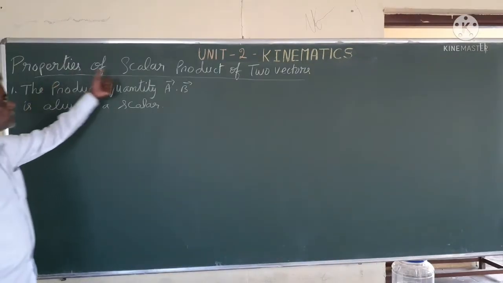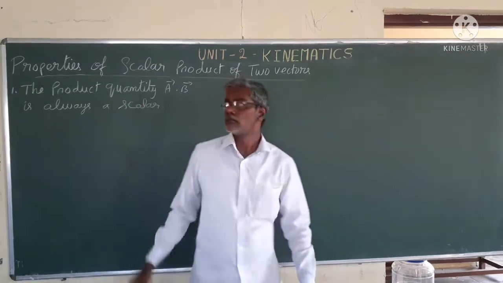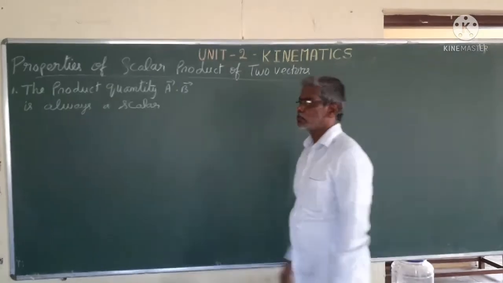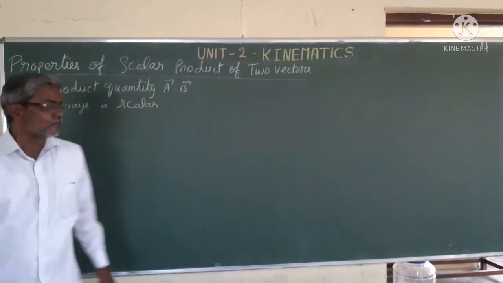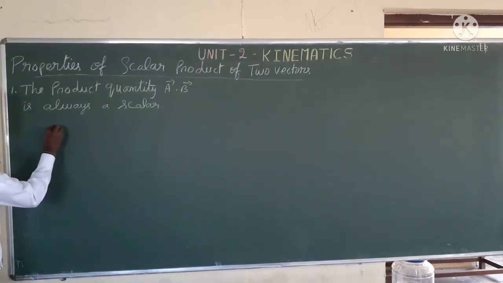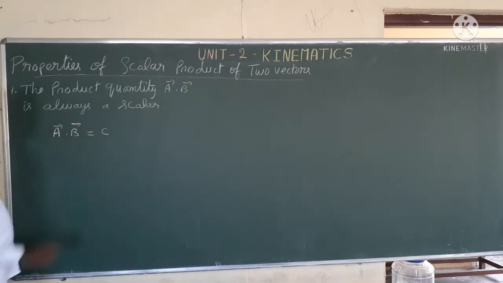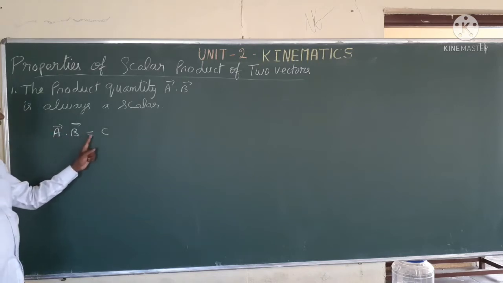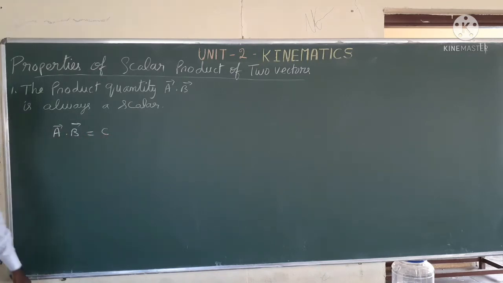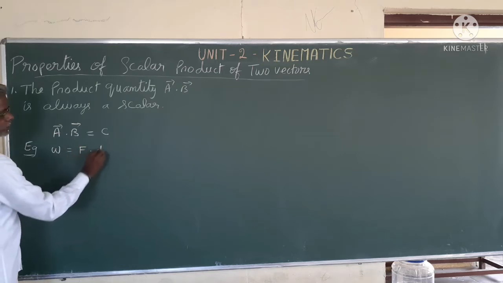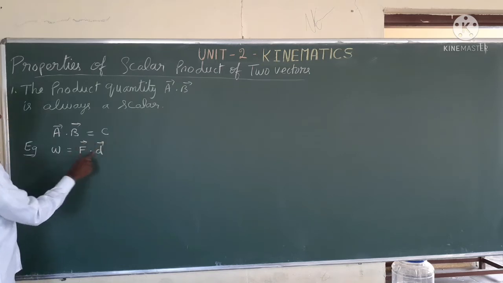Now we will see the properties of the scalar product of two vectors. The first property is the dot product of two vectors is a scalar. The dot product of two vectors is equal to a scalar. For example, work done is equal to what? Force into displacement. These are two vectors.